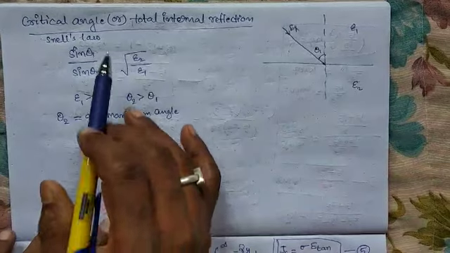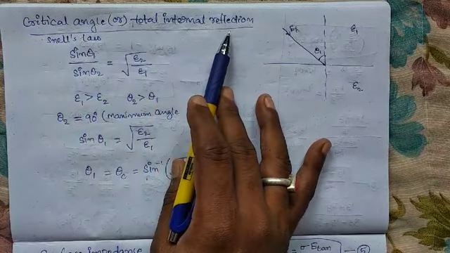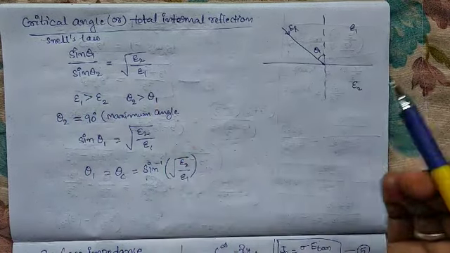Next we are discussing the critical angle or total internal reflection.